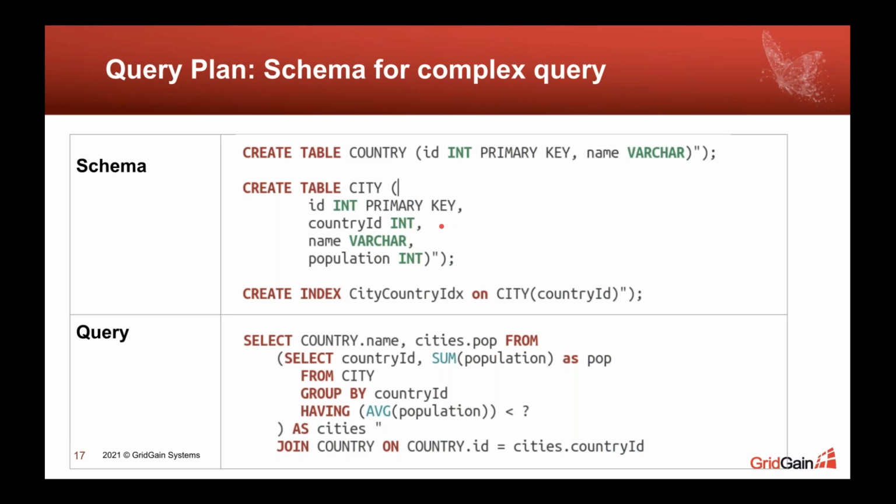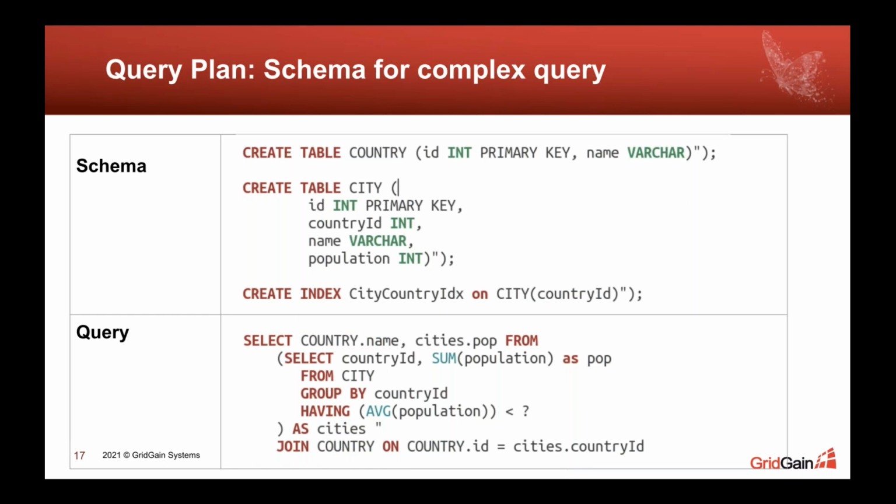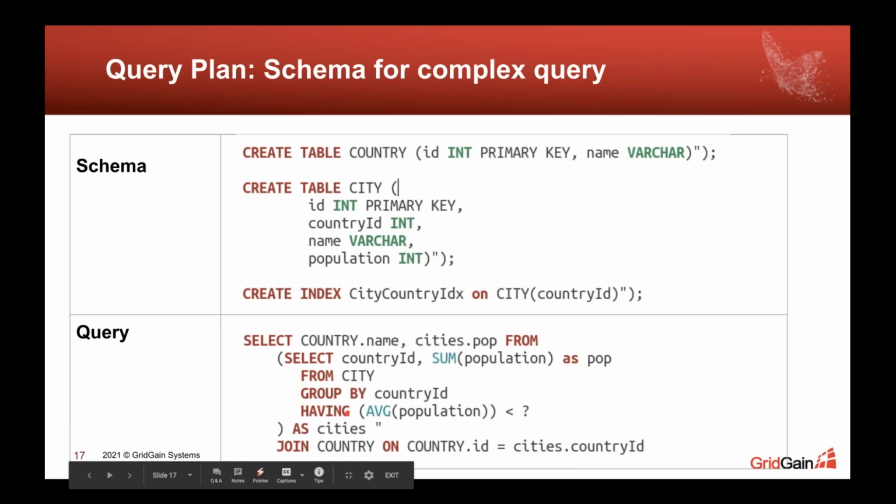We are going to get a name and population of countries that have an average city population above some predefined argument. So here is the query. This one is meant to reproduce a case where intermediate results are being passed to another part of a query. In our case, it's a distributed join.